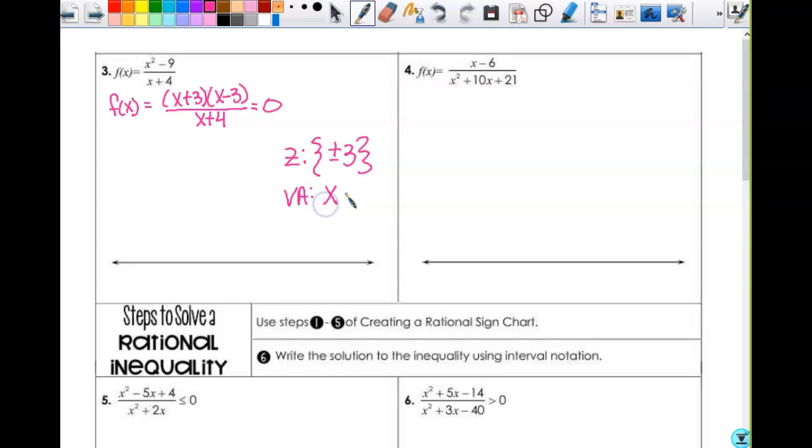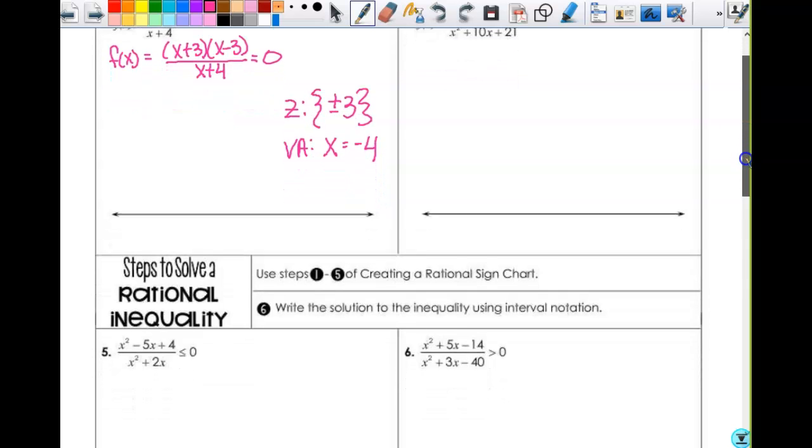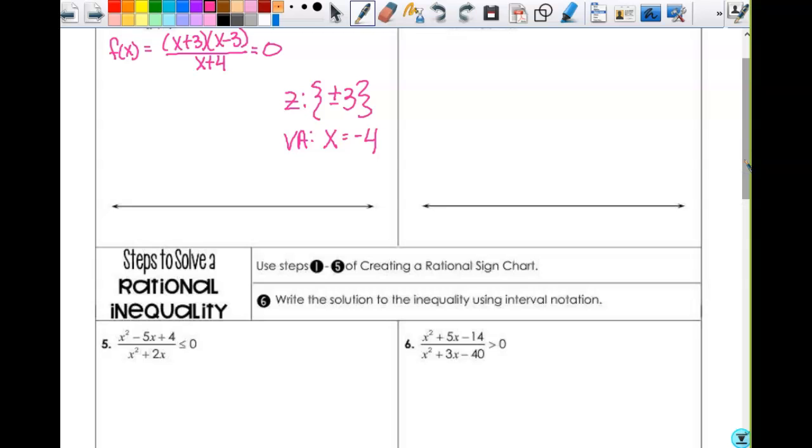It's at x equals -4, right? So we're going to get -4, -3, and 3 on here. Zeros get closed circles. Asymptotes get open circles. Okay, so then you go through and fill out the sign chart without me walking you through it.